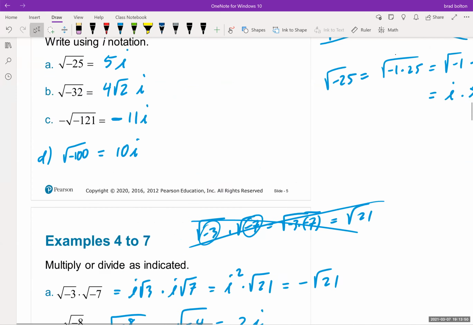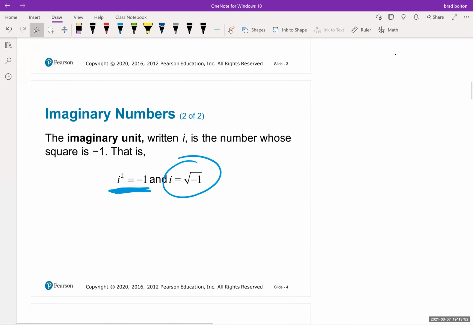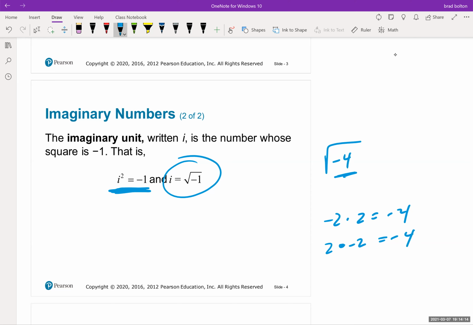Because if you come up here, remember, what does a square root mean? If I said the square root of 4 or the square root of negative 4, I'm supposed to find a number times itself that would give me negative 4. So I could try negative 2 times 2 would be negative 4, but that's not times itself. Or I could do 2 times negative 2 to give me negative 4, but that's not times itself.